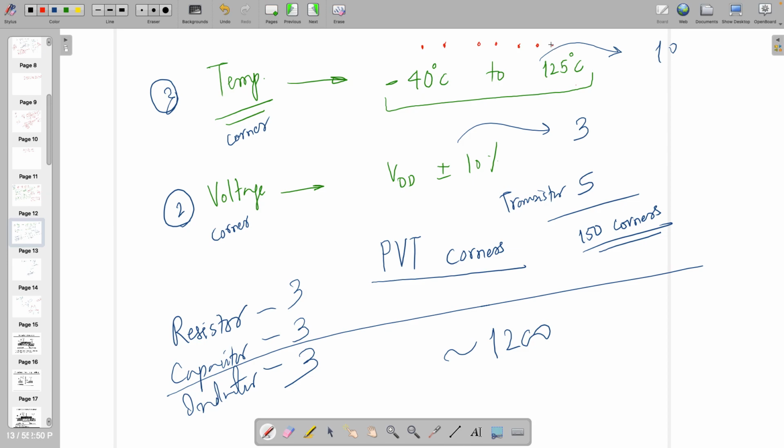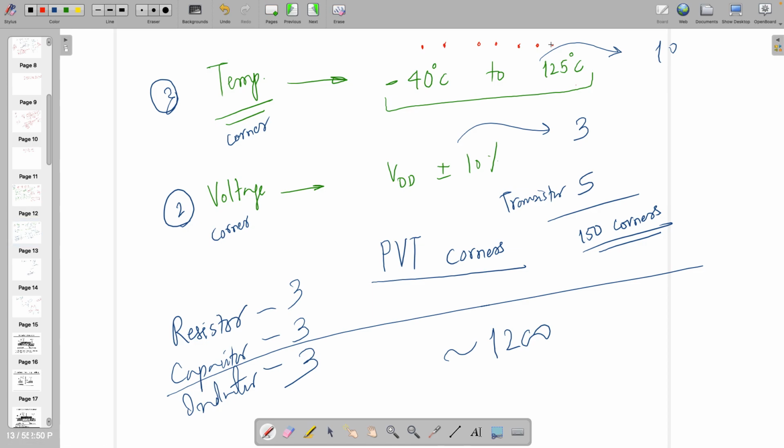So why are the temperature corners so extreme, from minus 40 to 120? Because we can use it even in a car, in harsh environments, or wherever we are running on earth, in consumer electronics. Sometimes the temperature around you is actually higher.